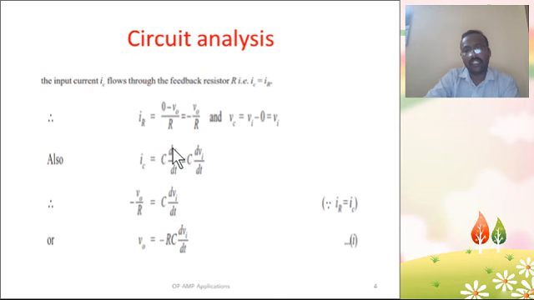Since IR equals IC, the output voltage of the differentiator is equal to minus RC dVi divided by dt. So this is the output voltage of the differentiator circuit.